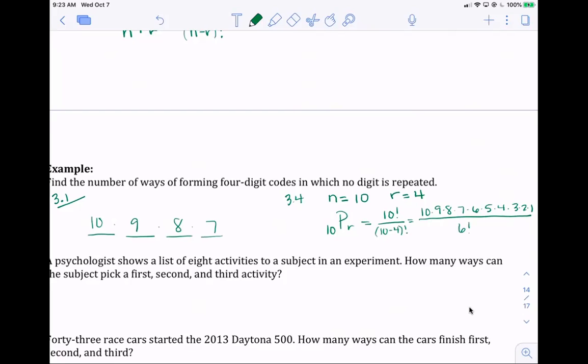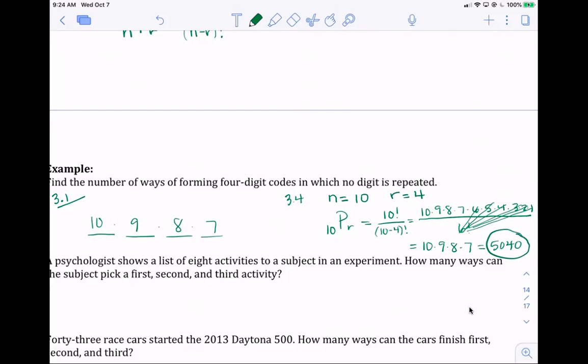Well, 6 factorial is 6 times 5 times 4 times 3 times 2 times 1. So those all cancel. And we're just left with 10 times 9 times 8 times 7. So same thing we did when we had the fundamental counting principle. And if we plug that in our calculator, we get 5,040.